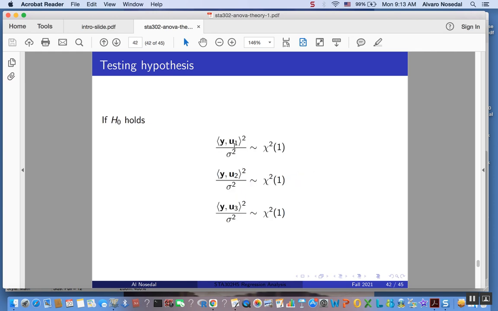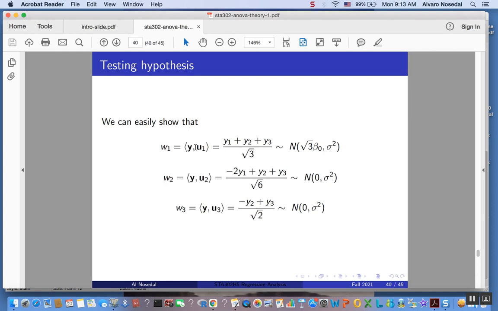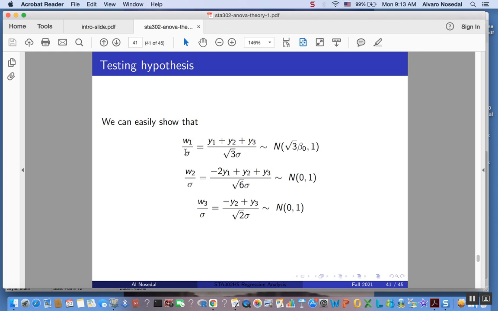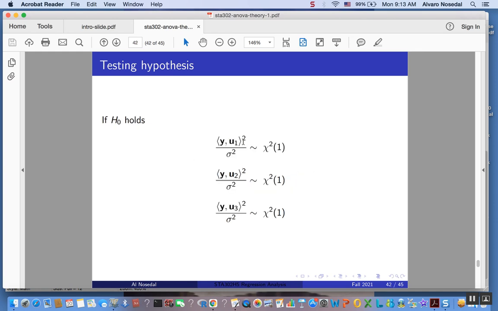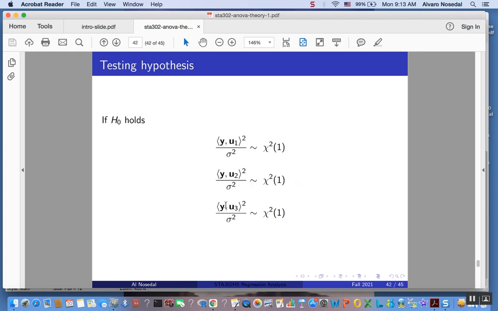And if you square it, which is what we have here, that's W1 divided by sigma, squared, then you have a chi-square with 1 degree of freedom. Same goes for the other two, so you have 3 chi-squares with 1 degree of freedom.